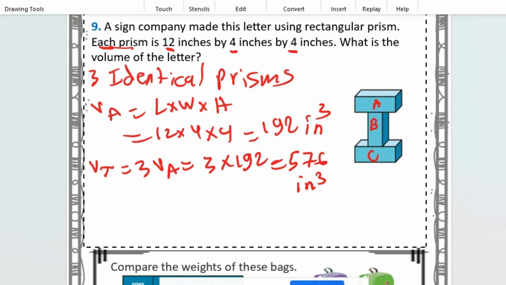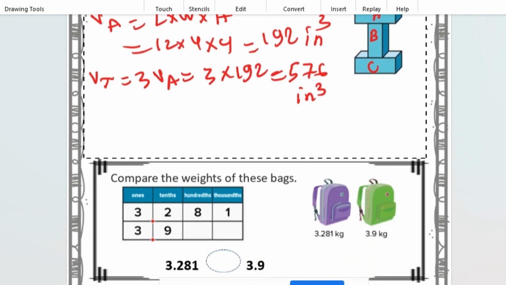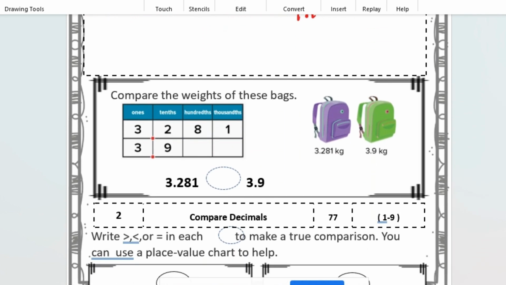So this is, I would say, easier than the rest, because we only had to find the volume of one prism and just multiply by 3. Okay, now we are done with the decomposing and finding the volume.